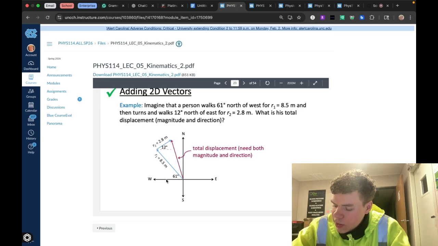And then east of north, you would go out that way.